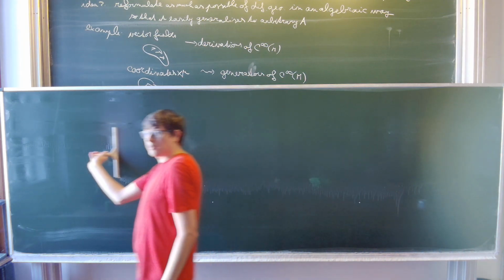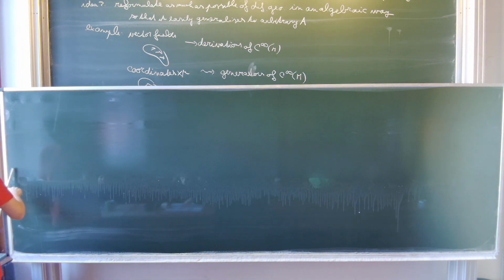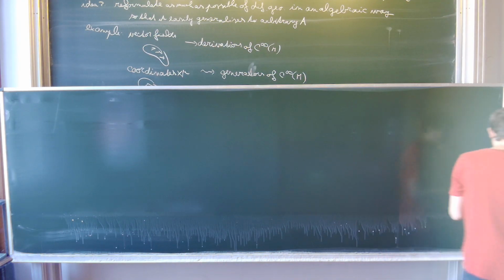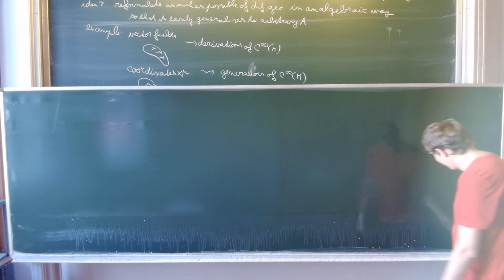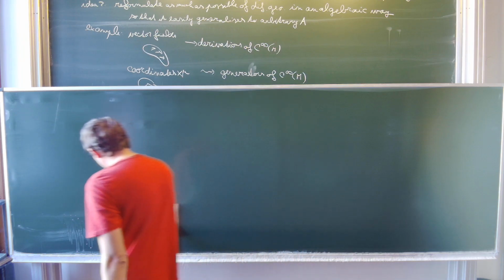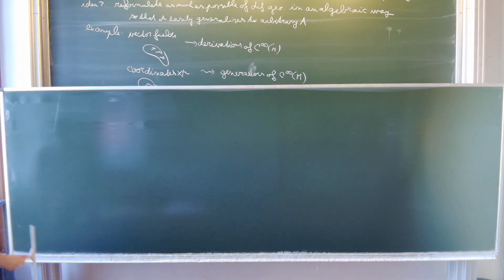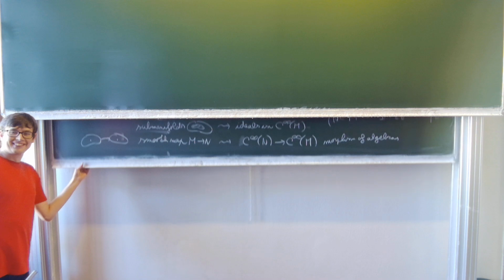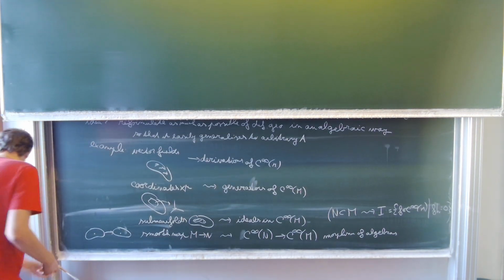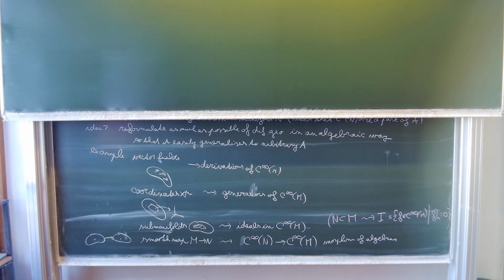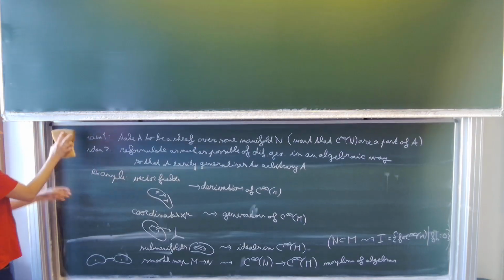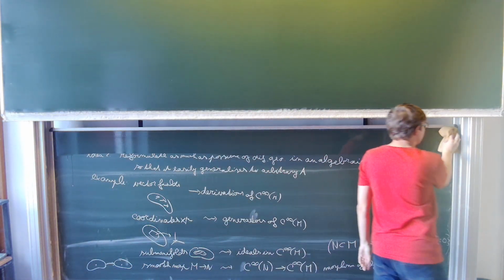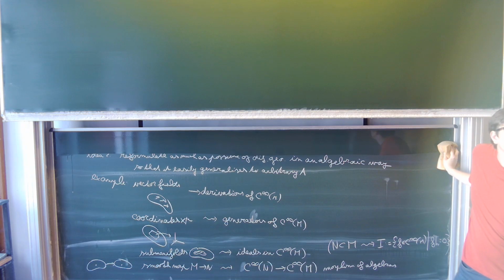Any questions here? Any more questions? I'm going to explain, if you have a morphism, if you have a smooth map, what we should give on the level of sheaves.